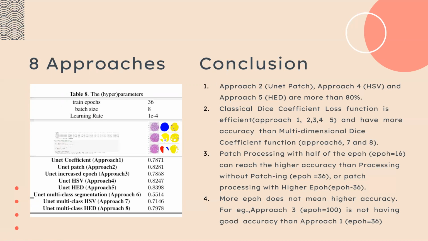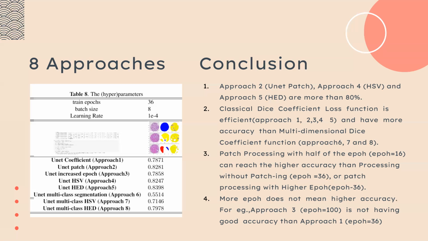Then based on this model, we tried two loss functions, the classic dice coefficient and a multi-dimensional dice coefficient. And we tried various data augmentation methods like rotation, color jitter, Gaussian noise, Gaussian blur, HSV transformation, and HED transformation.